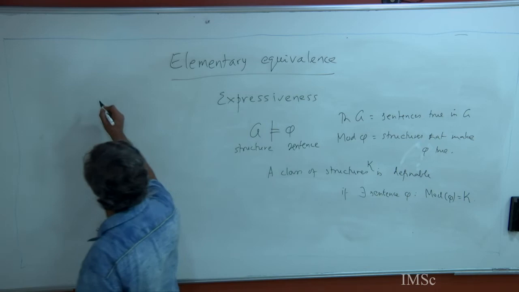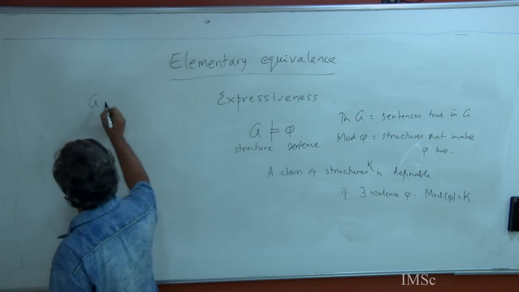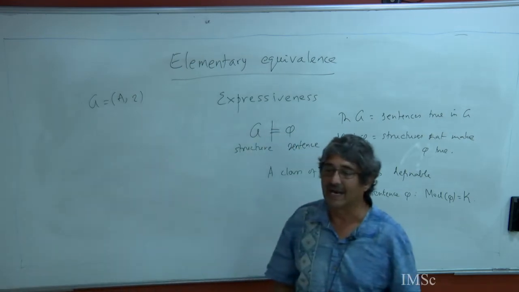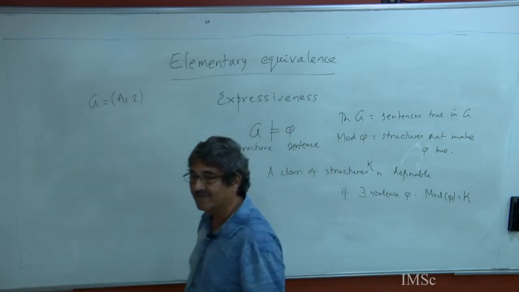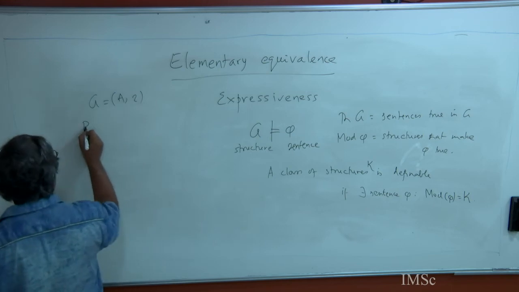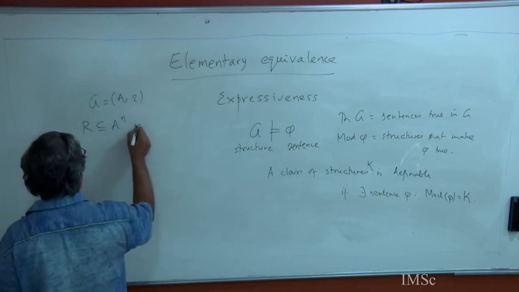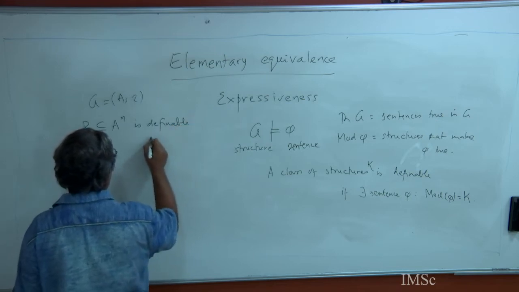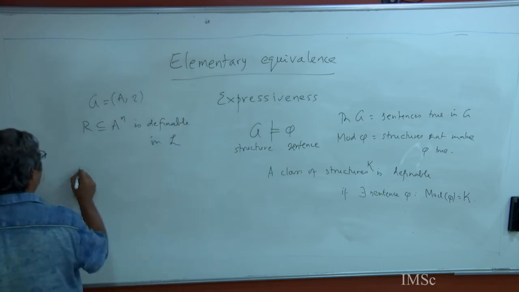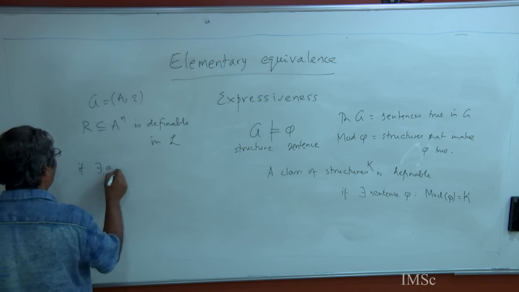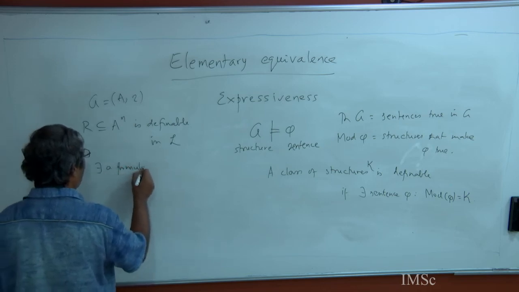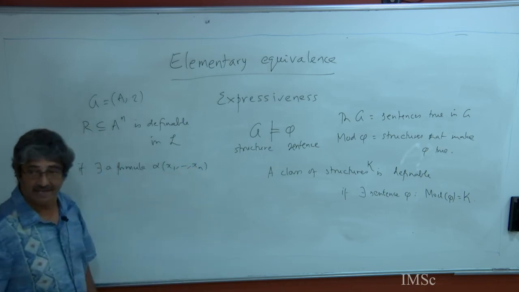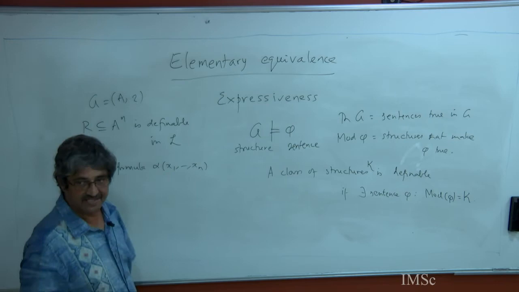If I have a structure A, with some domain and an interpretation, then we say that a relation R subset of A to the n is definable in whatever is the logical language that you are talking about if there exists a formula alpha with, let's say, free variables x1 through xn. This is just notation for saying these are the free variables.